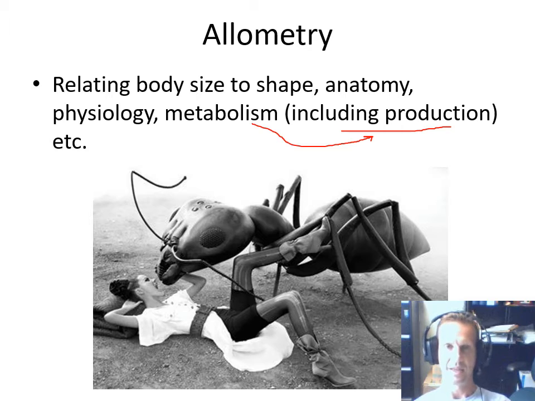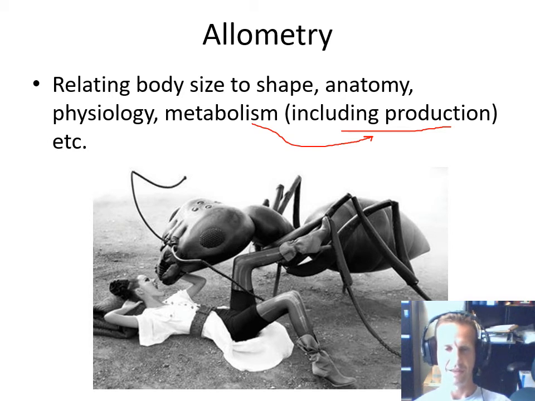So production is affected by things like the size of the organisms, whether the organisms are warm-blooded or cold-blooded, what the shape of the organisms is, just as other things are affected by size and shape of organisms. This is a picture. I don't know if this is from an old sci-fi horror movie or what.